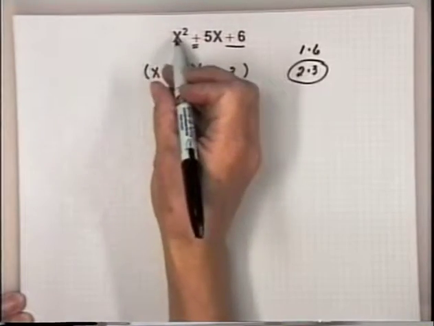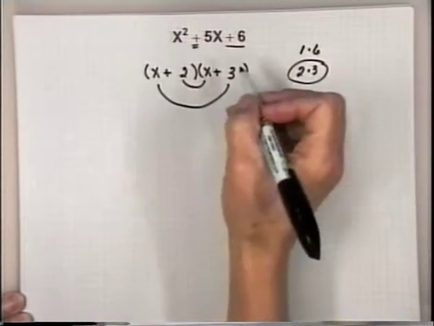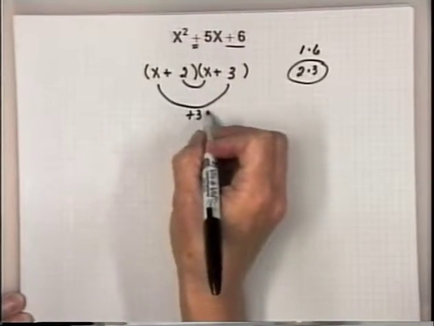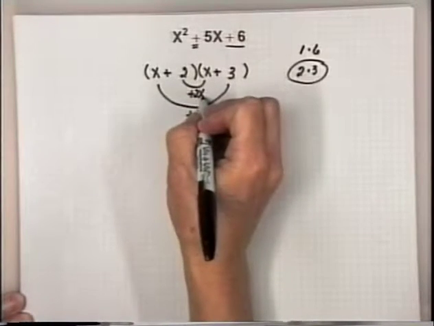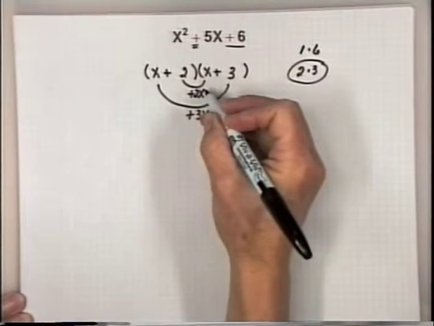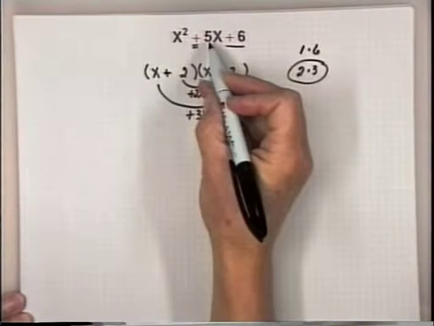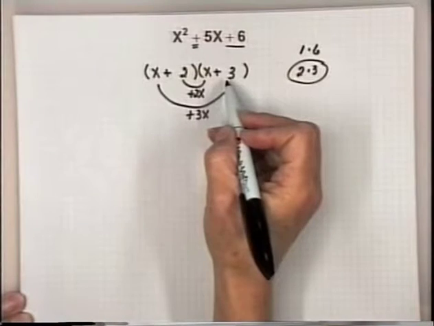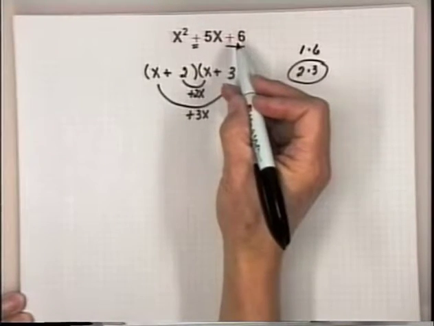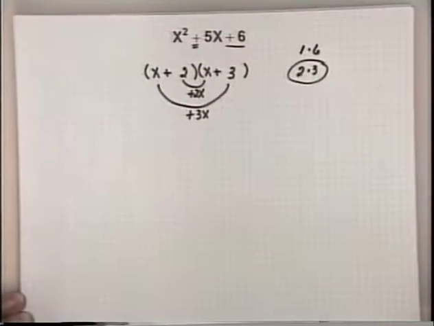X times x is x squared. Notice our outside product here is a positive 3x. Our inside product is a positive 2x. If we add those together, we do have our middle term of positive 5x, and positive 2 times positive 3 gives us positive 6. So we do have the correct factors here.